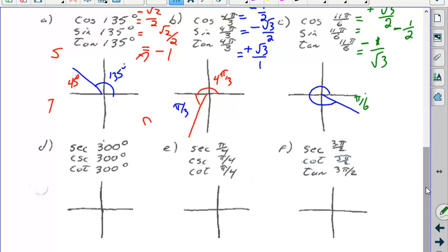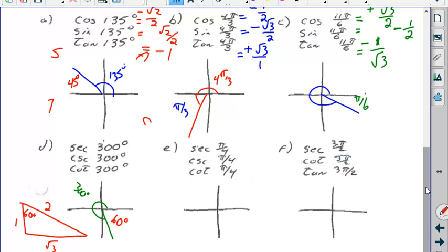Now we can do the same thing for secant. We're going to use our special triangles. 300 degrees is down here between 270 and 360. I end up with a reference angle of 60 degrees. My special triangle for my 30, 60, 90 triangle.